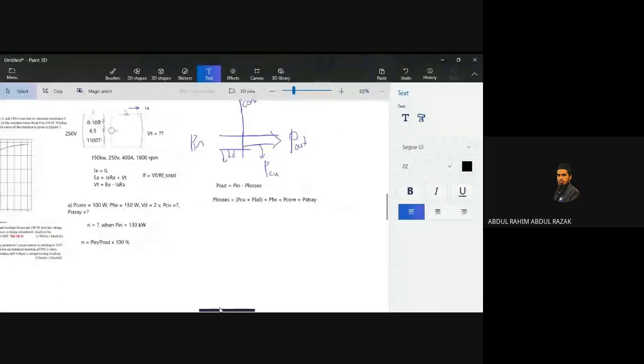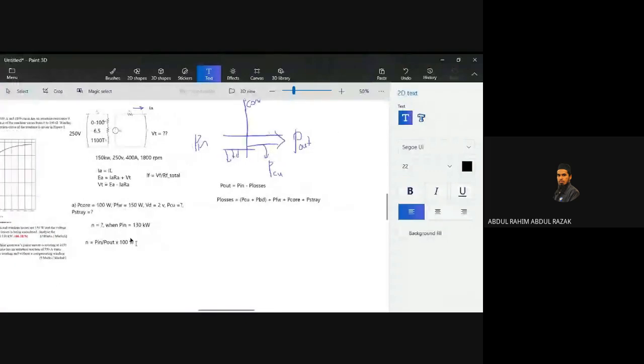So now, P out here is equal to, even though you already derived it up front, please restate it during your calculation process.